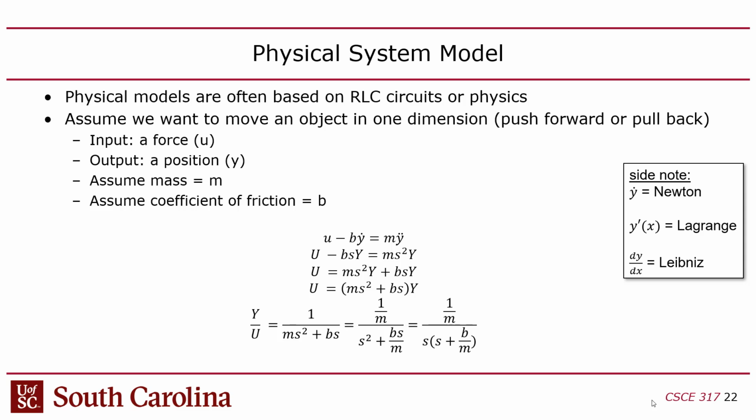So the total force is going to be the force I put on the coin minus b, which is the coefficient of friction. So the coin, as you drag it across the floor, is going to resist the movement. But it's going to resist it as a function of the velocity, which is y dot, right?